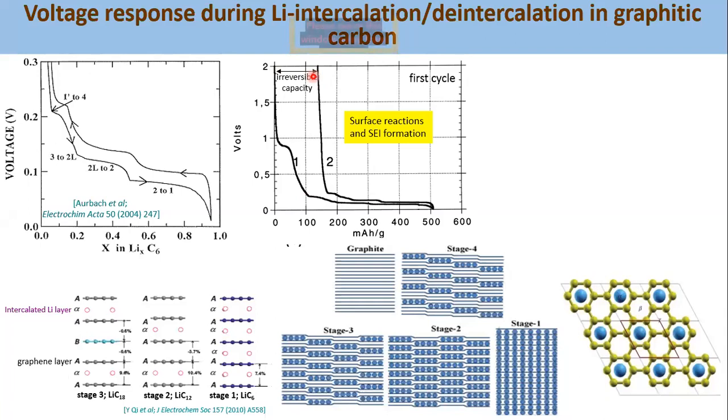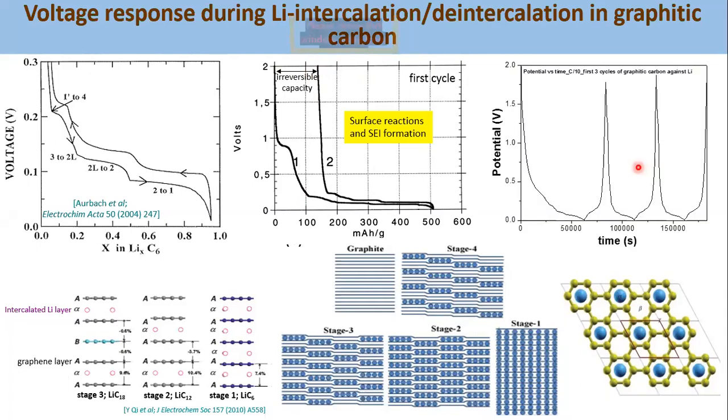This difference is called irreversible capacity, and it is mainly due to the surface reaction, where the electrolyte gets reduced on the surface of the electrode, and a thin amorphous layer is formed, which is called the SEI layer. Due to the formation of this SEI layer, this irreversible contribution to the capacity comes.